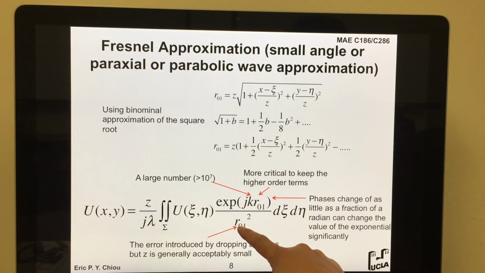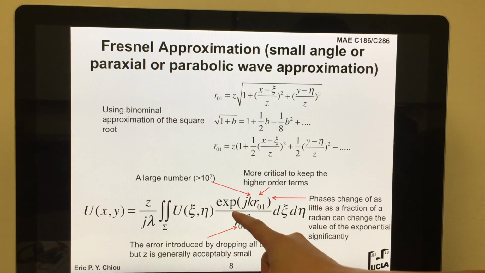In this denominator term, which controls the amplitude of the contribution of a certain point in the object plane, if the z distance is large enough, then approximating R01 with z gives a result quite close to what you really have.